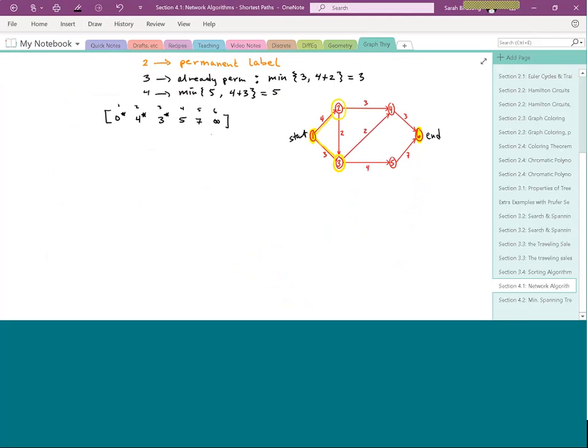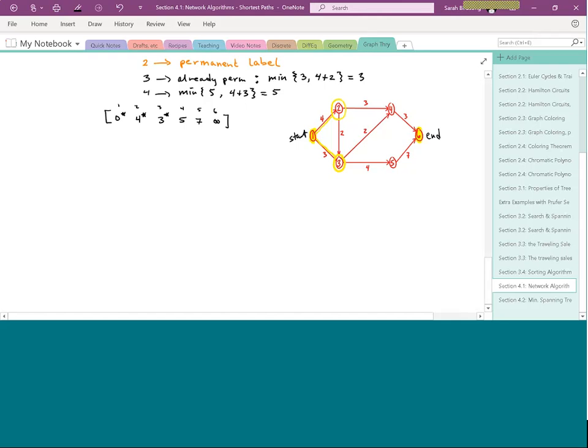It'll automatically become permanent. But you're right, in terms of why the algorithm is doing what it's doing at this stage in the game, by having 5, the smallest label that isn't permanent yet, it means that we've already dealt with all the different ways of getting to this vertex 4 at this current moment in time. So yes, good call there. That is exactly why the algorithm is doing what it's doing.